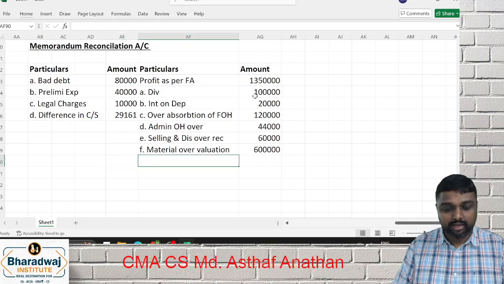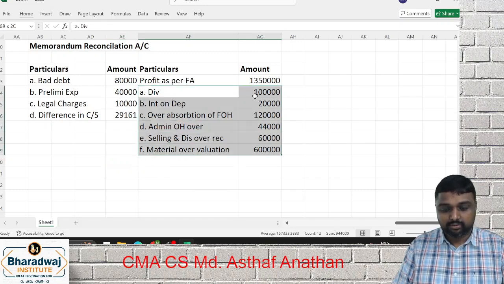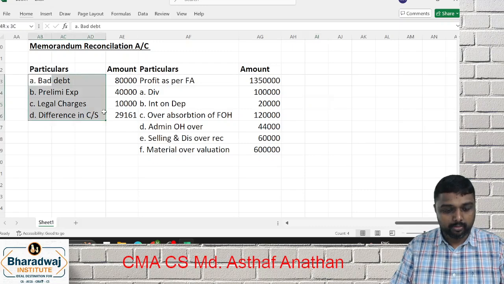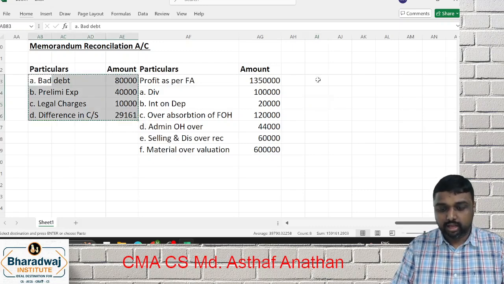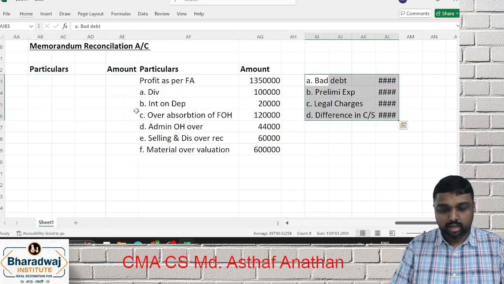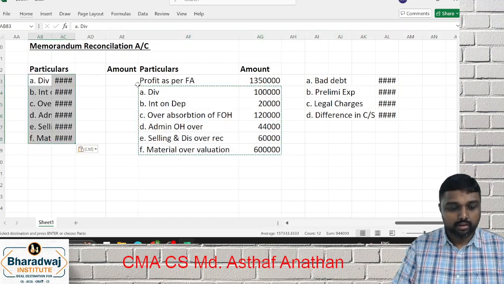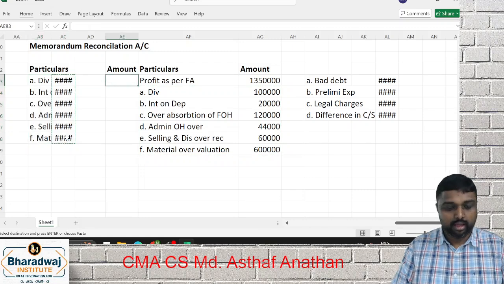One small correction, let me tell you. Yes, one small correction. We have taken this column. See, this less has to come here. I took a wrong column.